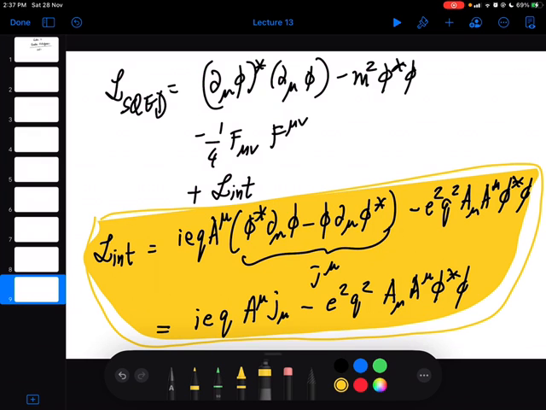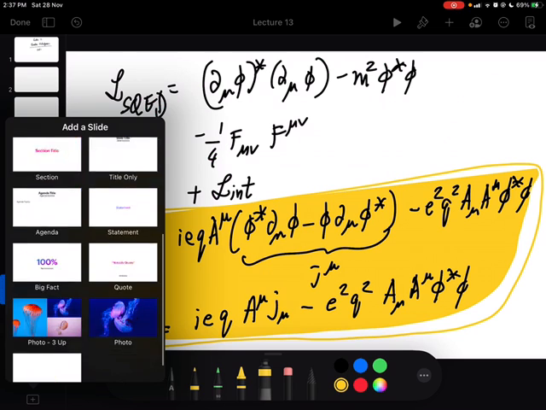It experiences electromagnetic interactions through A mu, through the photon field. Now let's look at a couple of points again here.